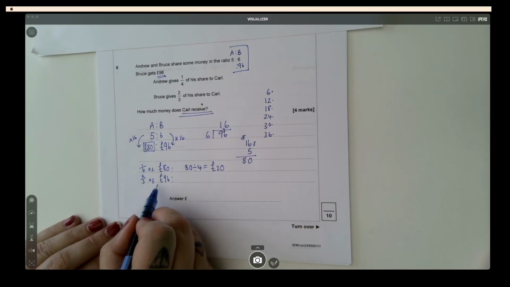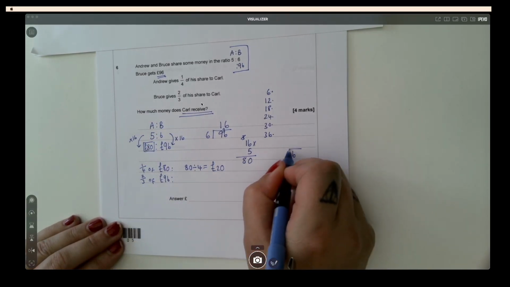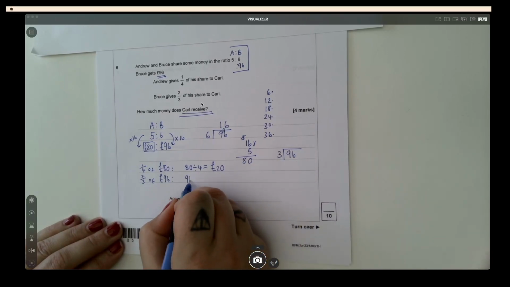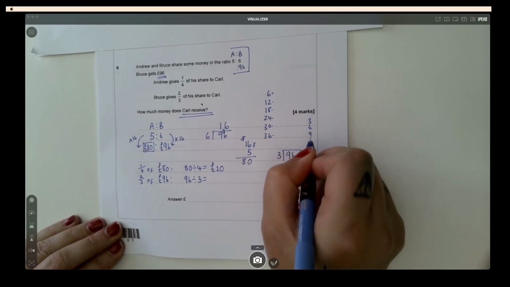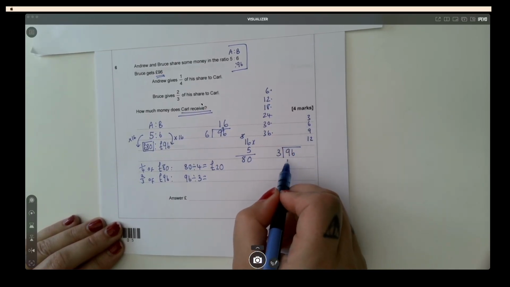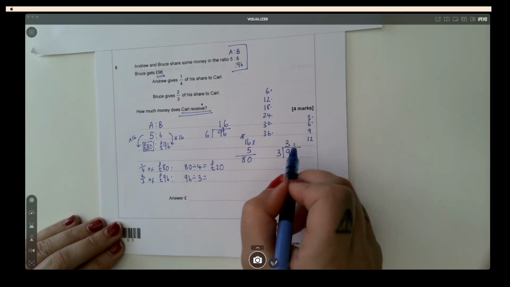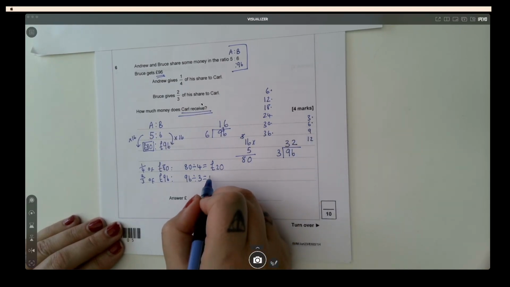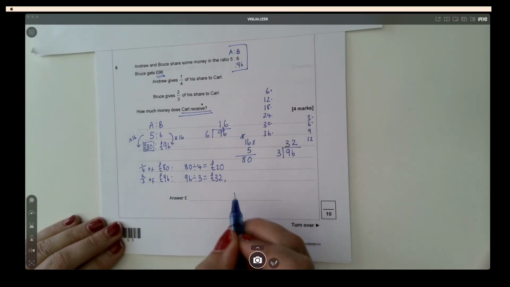So the first thing we're going to do, 96 divided by 3. So 96 divided by 3, that's going to be our first sum. 3, 6, 9, 12. 3's into 9, 3, no remainder. 3's into 6, 2, no remainder. So when we divide by 3, that's £32.